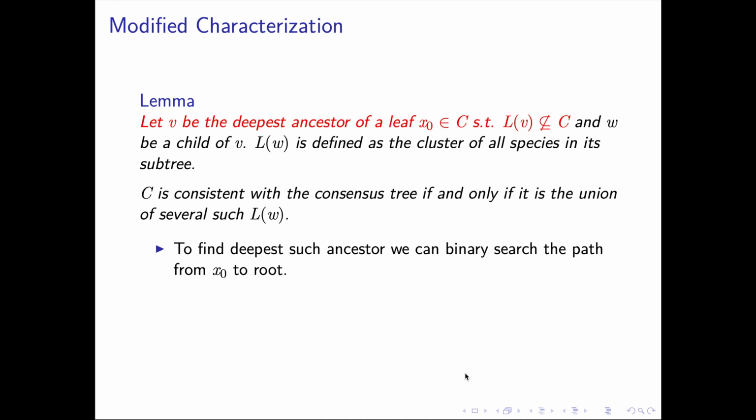Suppose we know how to answer these LCA queries, then we know how to judge whether LV is a subset of C. Then, because if LV is not a subset of C, then all the clusters of its ancestors cannot be a subset of C, we can just binary search the path from x0 to the root to find the deepest such ancestor to be the node V.